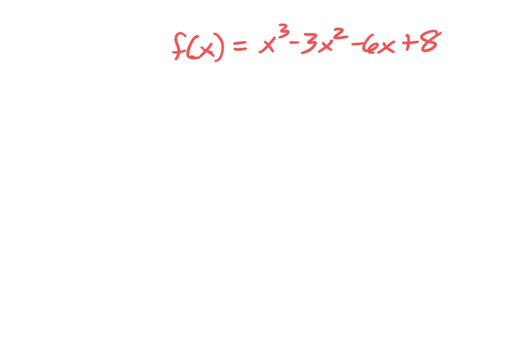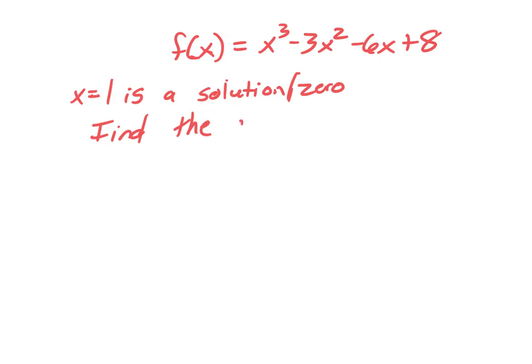So if I tell you that x equals 1 is a solution, or a 0, find the other zeros. And I know that you could go to your calculator here, but I want to show you, once again, the link between these two and understand what's really going to happen here and how I can do synthetic division to get where we need to be.